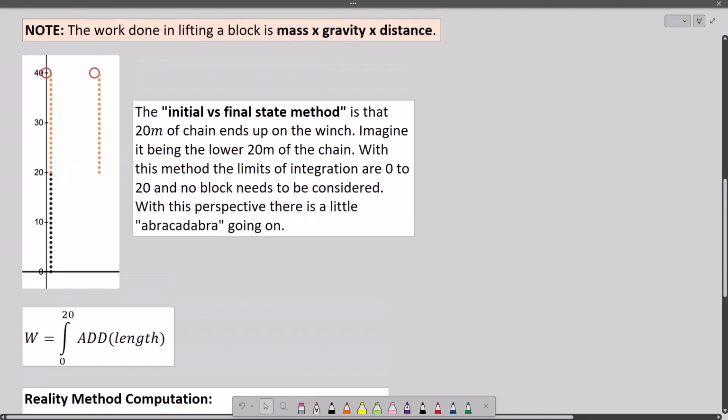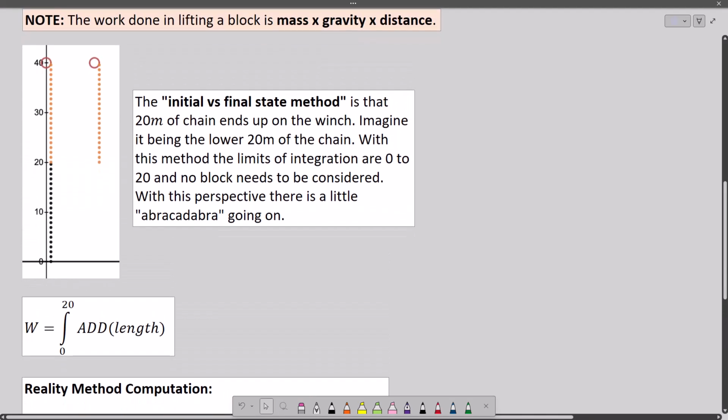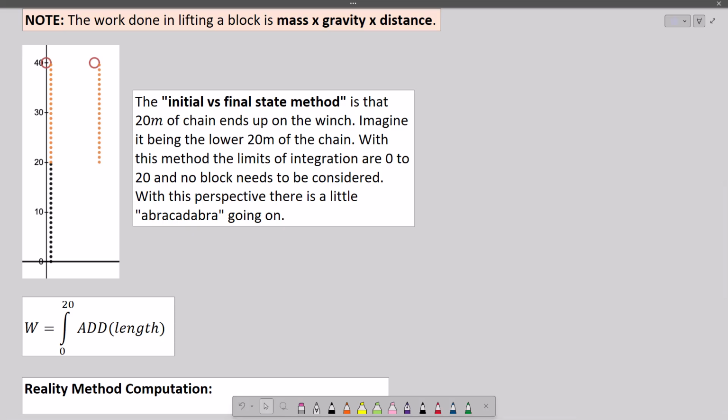Here's the way a physics person is going to think of it. Here's the initial state, and in the end, we want to have 20 meters of links hanging. Let's just imagine the lower links mysteriously jump to the top, and the top ones are not moving. We still end up with half the chain dangling from the winch.